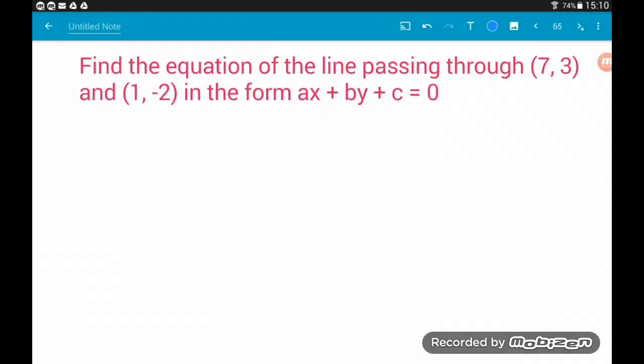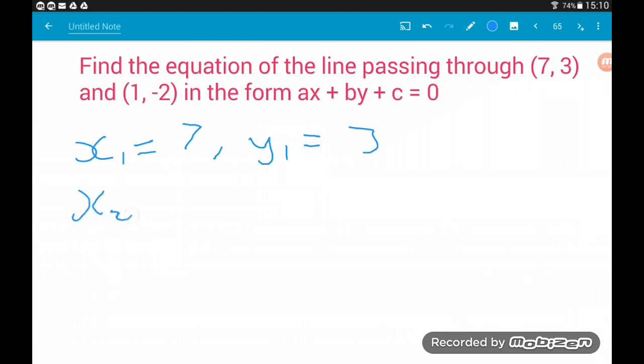Let's first of all get the pen out. x1 is 7, y1 is 3, x2 is 1, y2 is minus 2.